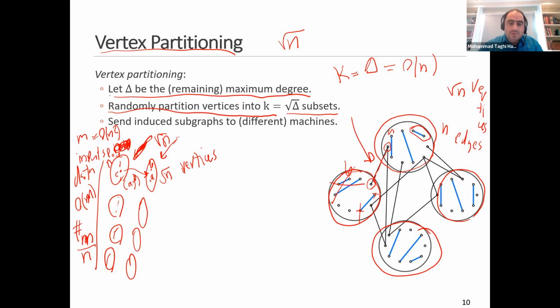When we remove these vertices and edges, we have a graph in which the degree of each vertex is reduced.